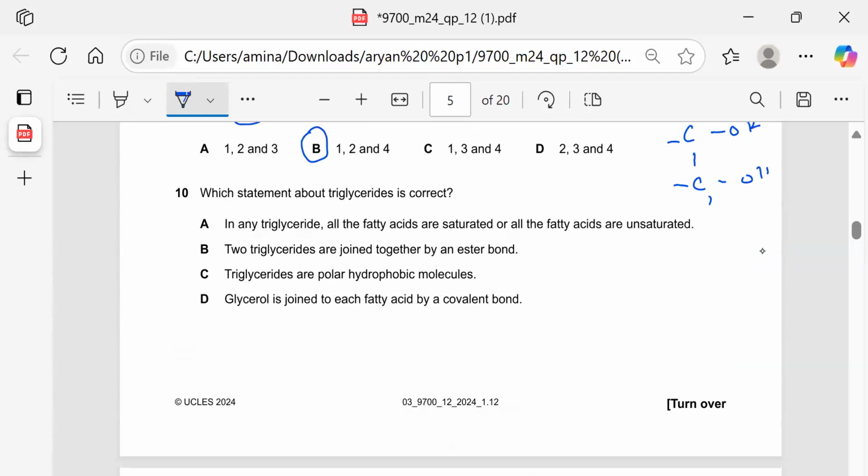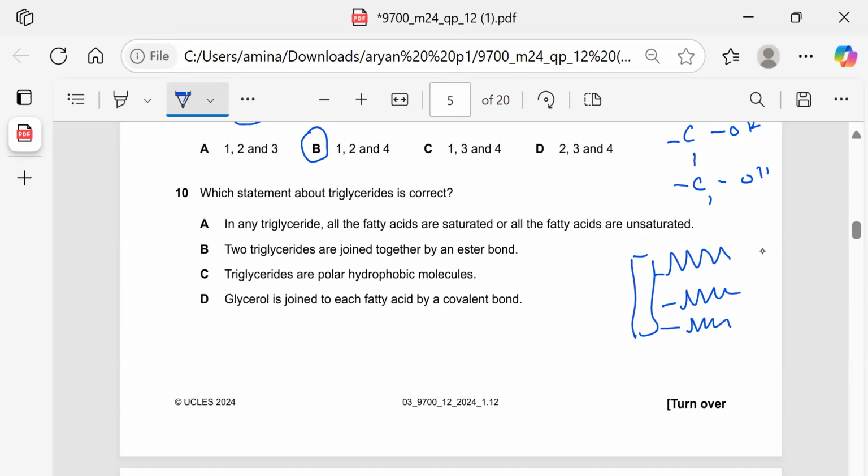Which statement about triglyceride is correct? Triglyceride means a glycerol molecule with 3 fatty acid chains, which can be the same, which can be different, which can be saturated, which can be unsaturated.